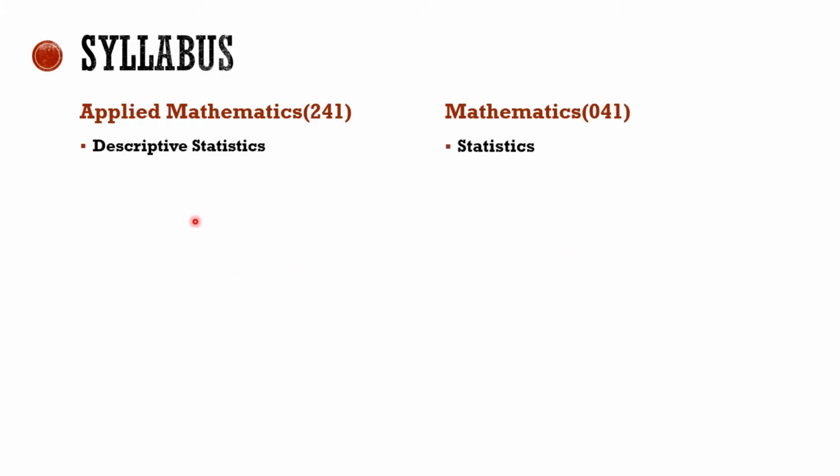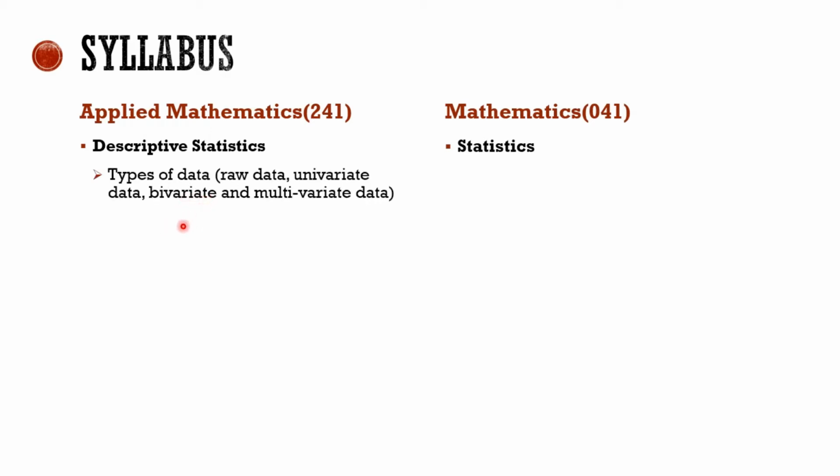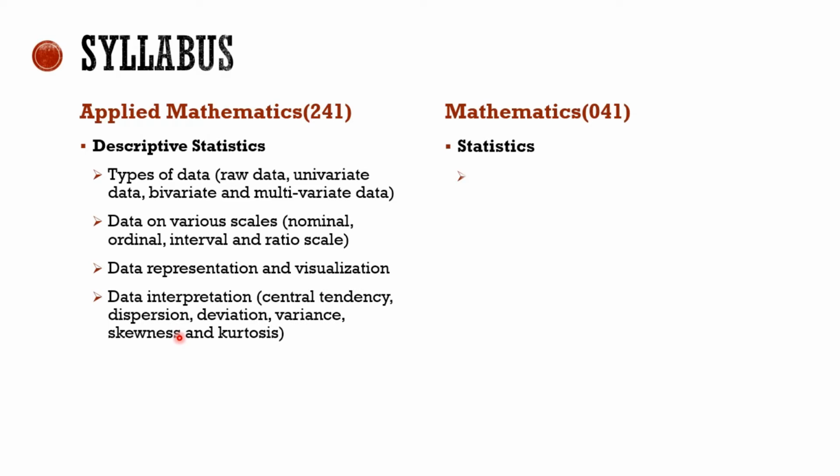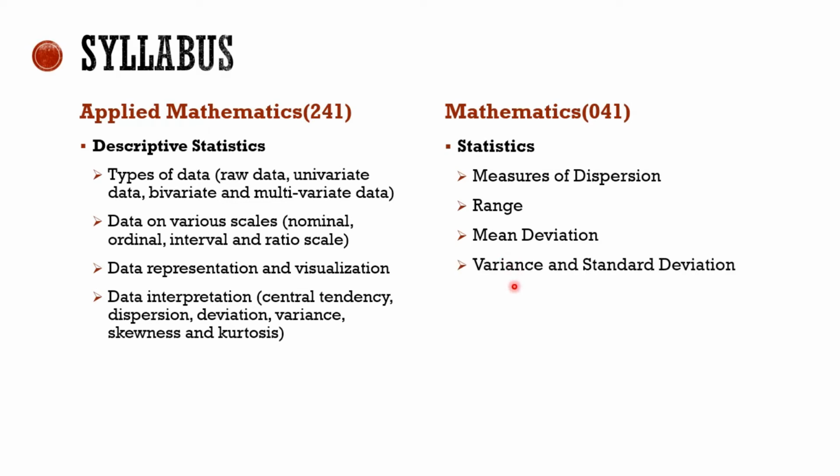Then this chapter, statistics, is common in both: types of data, raw material, data of various scales, data representation, interpretation of data. Here central tendency, dispersion, deviation, variance, skewness and kurtosis. But in mathematics, only measure of dispersion and range and mean deviation, standard deviation, variance are given, and analysis of frequency distribution.